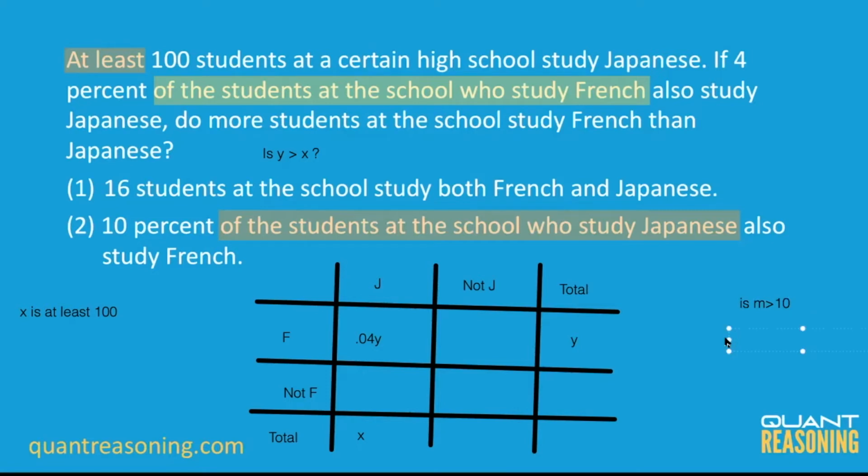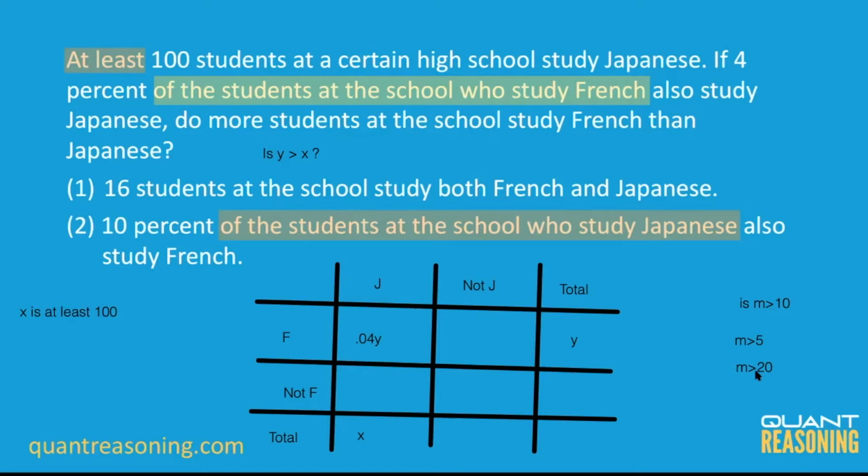And then I tell you that m is greater than 5. Is that sufficient to answer the question? No, just because something is greater than 5 doesn't necessarily mean it's greater than 10. It may or may not be greater than 10. On the other hand, if I told you m is greater than 20, would that be sufficient to answer whether m is greater than 10?